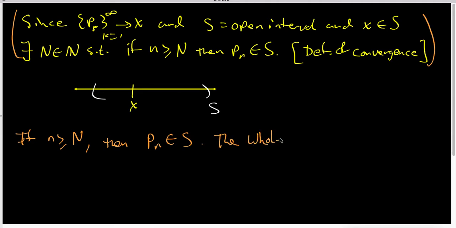So the whole n tail is a subset of that open interval S. But I want to remember what we've also already established.